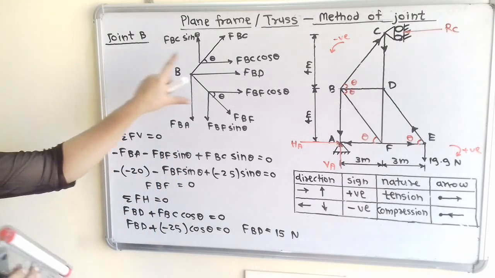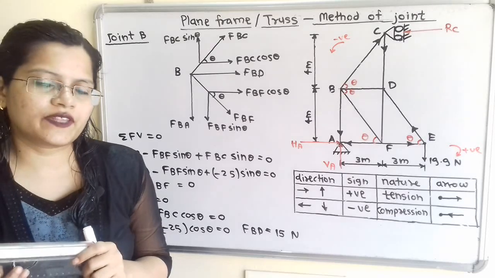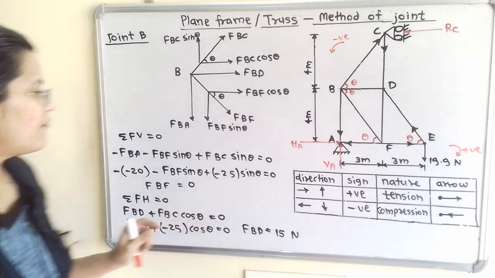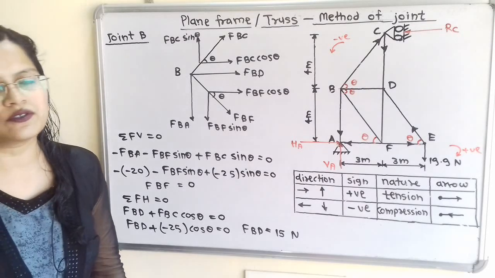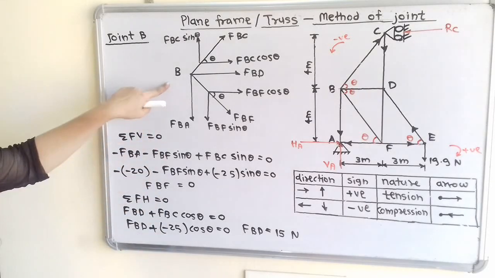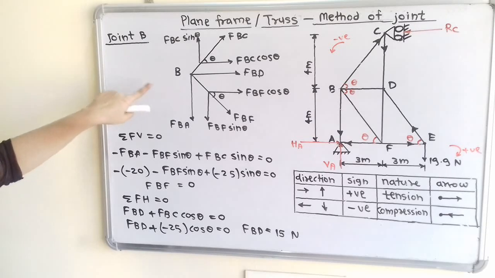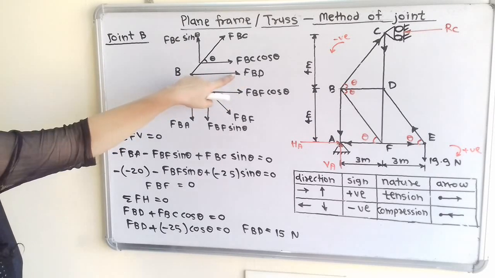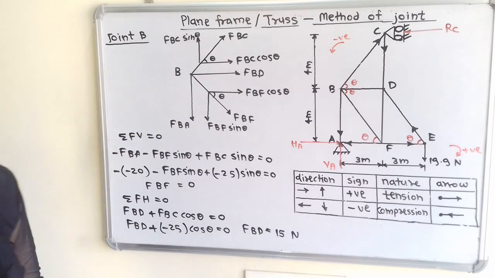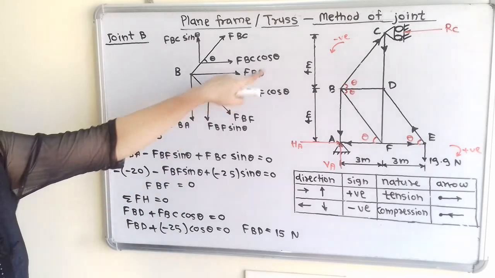Now we will consider the equilibrium for this free body diagram. So we will first take summation of all vertical forces is equal to 0. Now why take summation of all vertical forces? Because if we observe, this BD is unknown as well as this BF is also unknown, and this BD is horizontal.